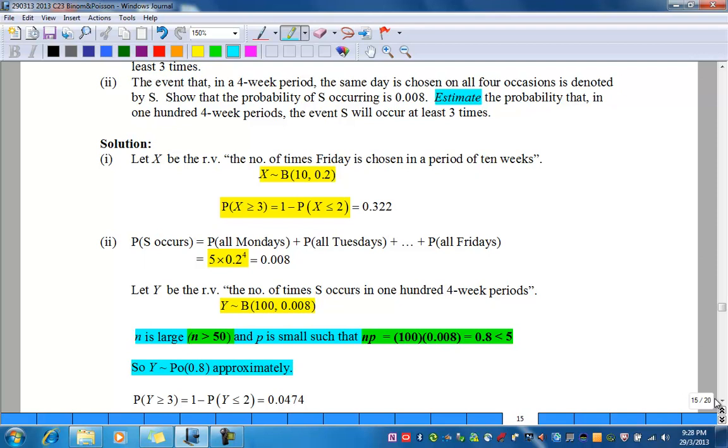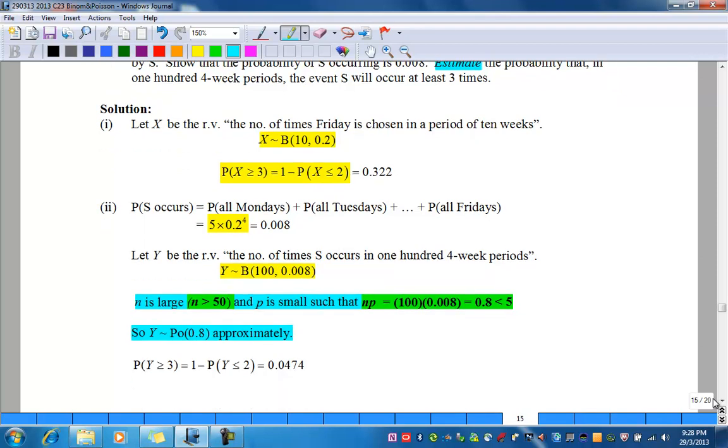We are required to find the probability of y more than or equal to 3. We convert it to 1 minus P(y less than or equal to 2). And using the GC and calling for the Poisson CDF, we end up with the answer as 0.474.